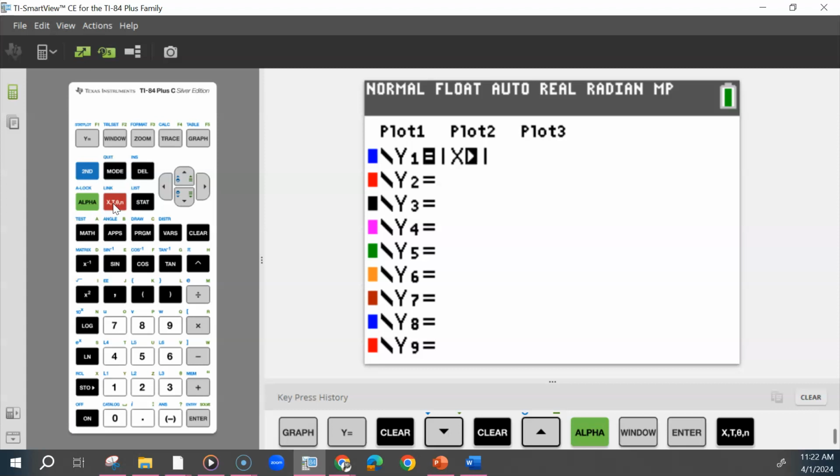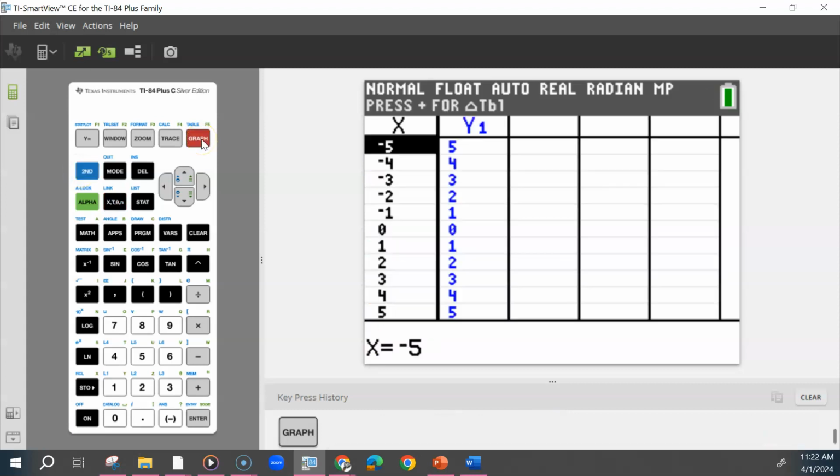Go into the table. And just like your quadratics, find where your y values repeat and find the middle, 0, 0.